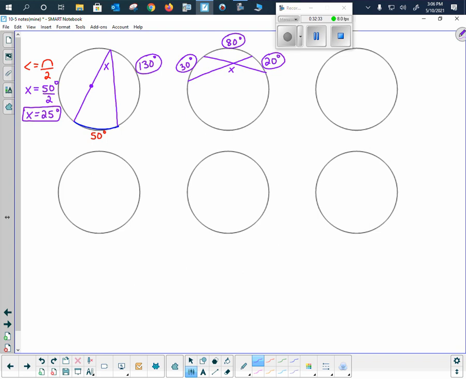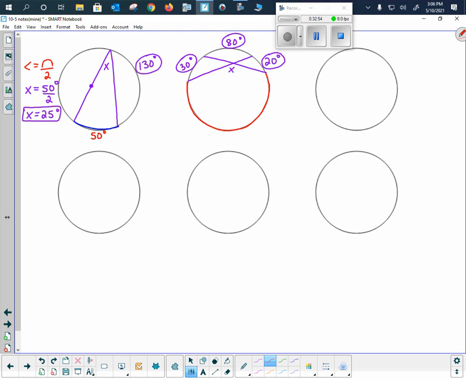Okay, well I notice x is an angle with its vertex inside the circle formed by 2 chords. Okay, so the first thing I need to know is the other arc that's missing, right? Okay, I need this guy. This arc from here to here.